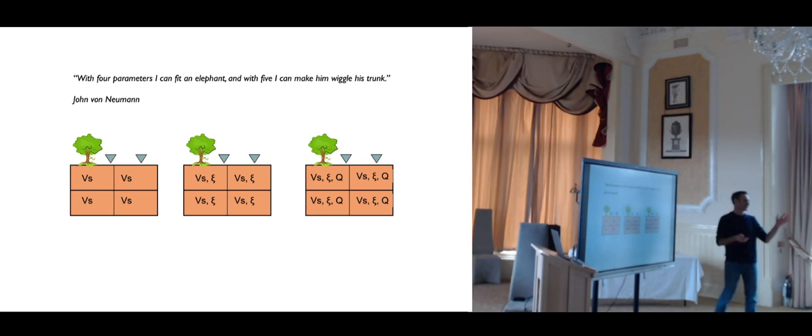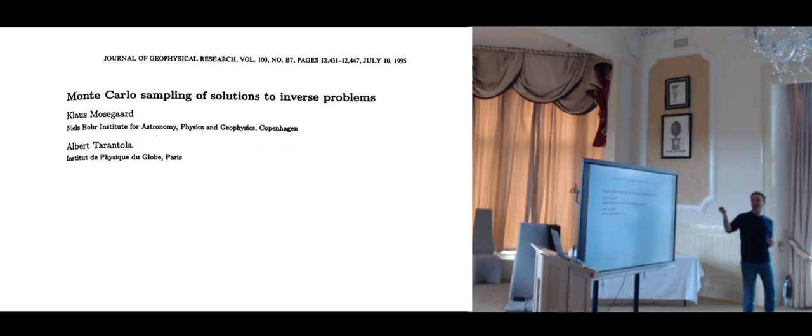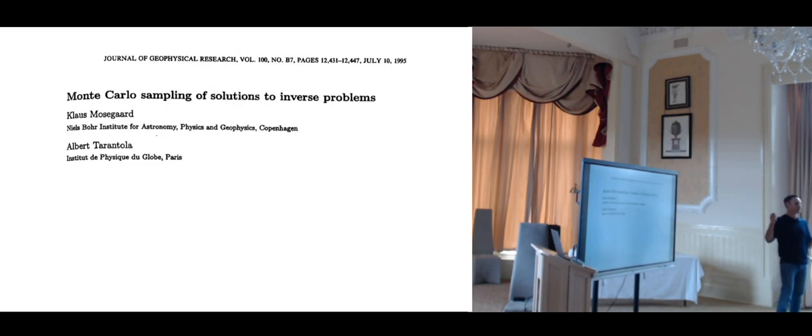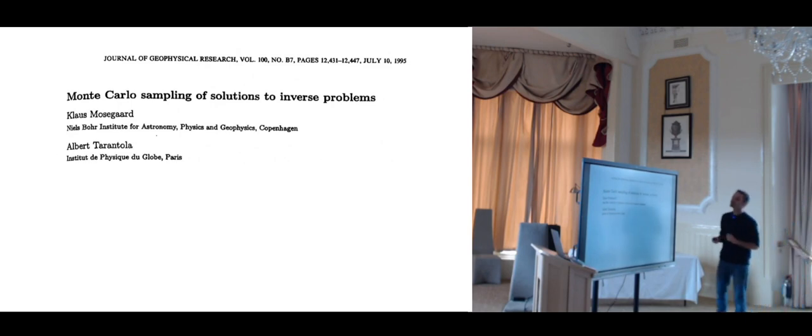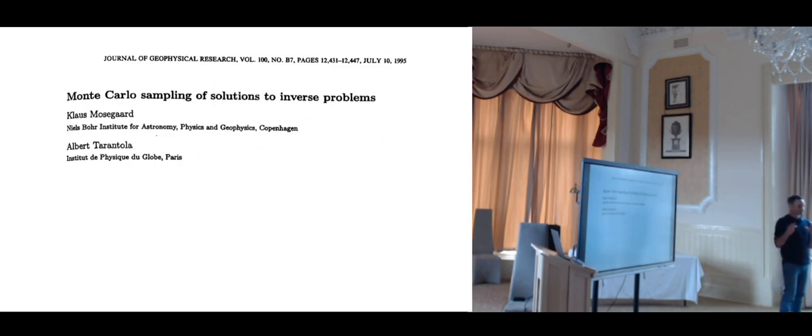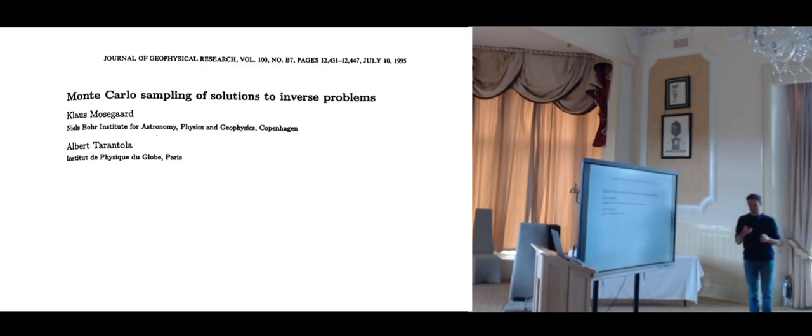It's very funny, because I talked to Klaus in the bus when we were coming, and there is actually a paper that Klaus and Albert Tarantola wrote in '95. It's a paper on Monte Carlo sampling, called Monte Carlo sampling of solutions to inverse problems. It's a great paper, with a lot of things. In this paper, there is a section where they let the parametrization, the number of layers, be a variable.